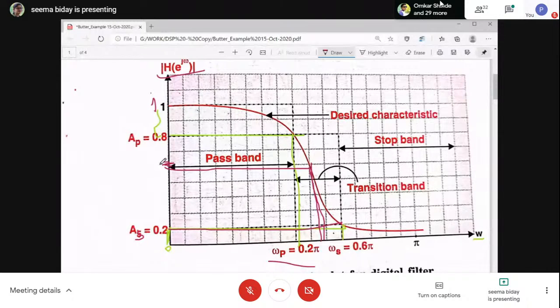This is 1. At this point, what should I get? The value. Again, MCQ, multiple choice question. What is the value given to you?